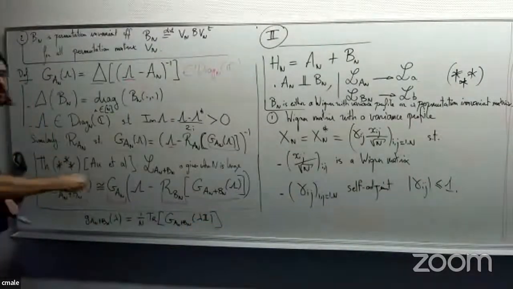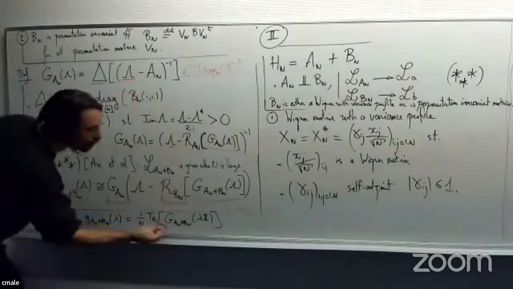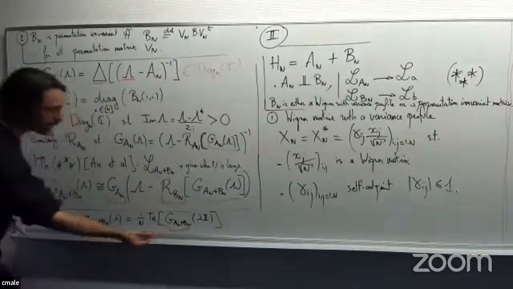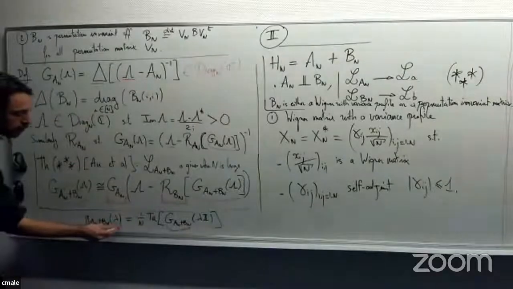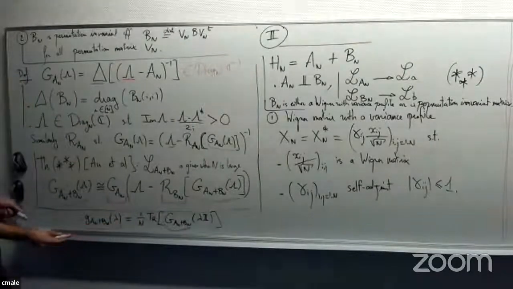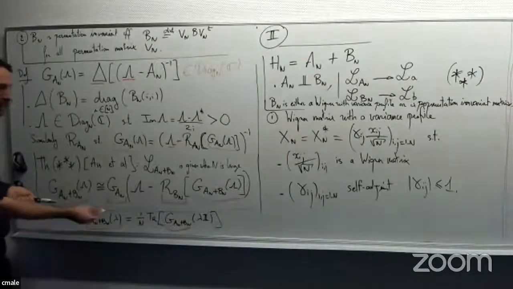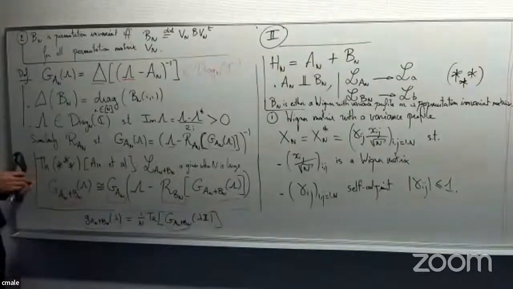So, thanks to this equation, you are going to get this object, and then with this simple formula to understand the Stieltjes transform, and as explained before, knowing the Stieltjes transform, you will get an approximation of the density.